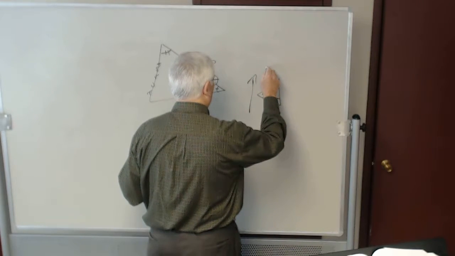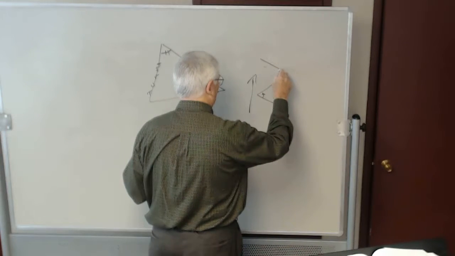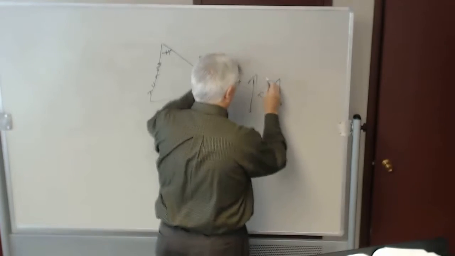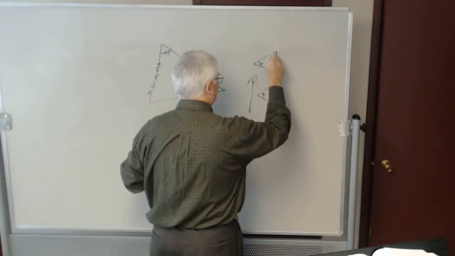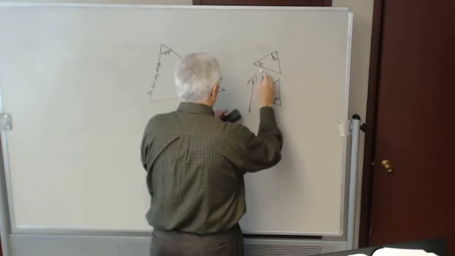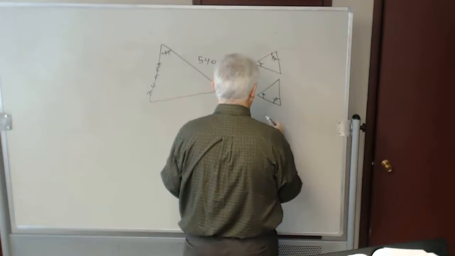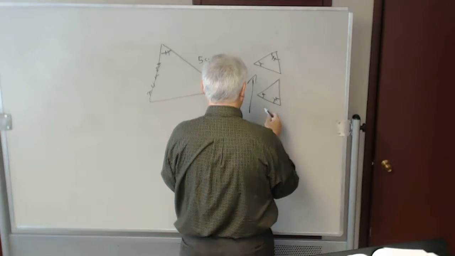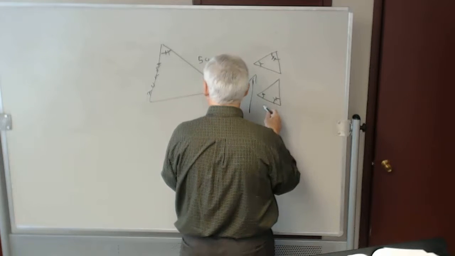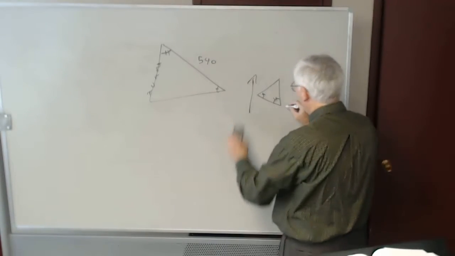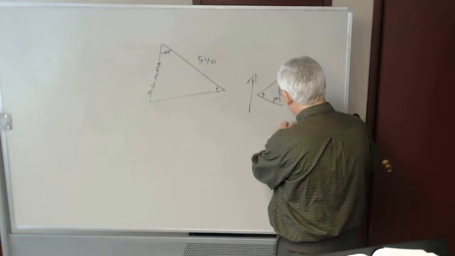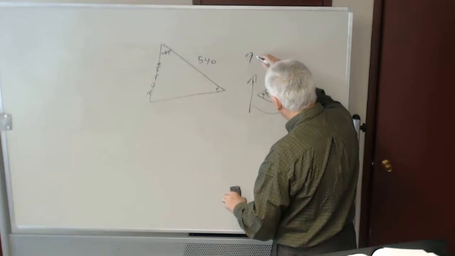So when I flip it, this angle is here, and this angle is up there. Then I have to rotate that one. No, that's not getting it either, is it? This, and this, and this. When I rotate, okay, if I take this and flip it over here, then I've got this up here.